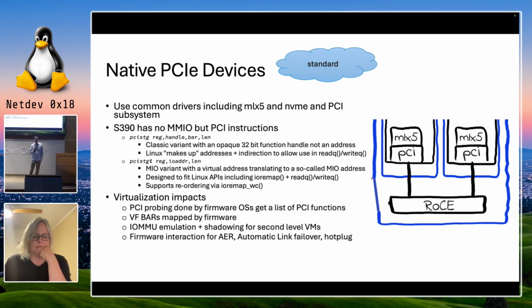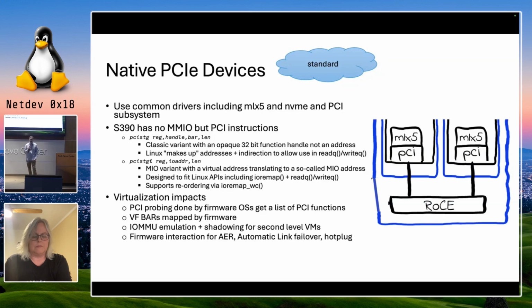You have to use a special instruction, but at least the instruction takes the virtual address. You can map the virtual address just normal. And this is kind of designed for Linux APIs, keeping the implementation cost a little lower. You can use ioremap, as I said, and we can even do reordering memory with ioremap write combine. And still, this is, I think, the most odd part about native PCI on S390.